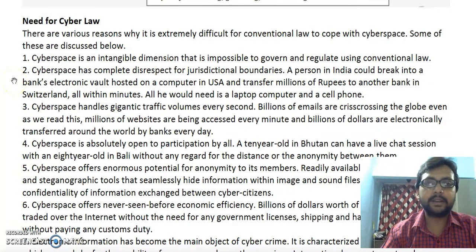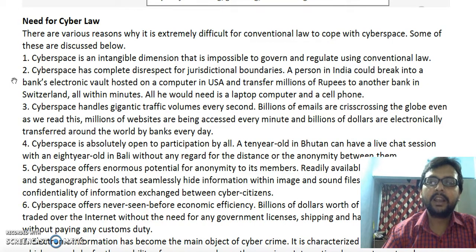For example, in a recent incident, the Supreme Court ordered Google to try to restrict people who upload obscene videos or material. But in turn, Google replied to the Indian Supreme Court that it is impossible, because we cannot restrict content until someone reports it to us, because every minute on cyberspace, there are lakhs and lakhs of people who upload something and something.